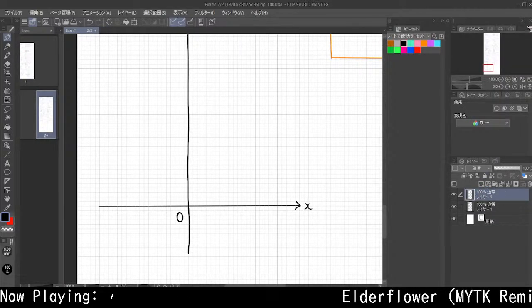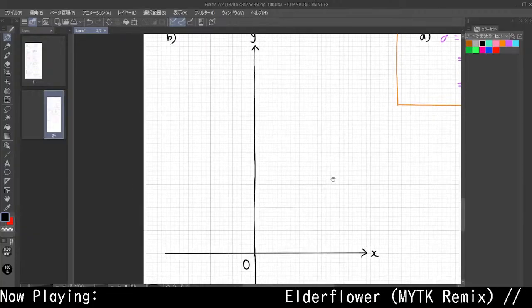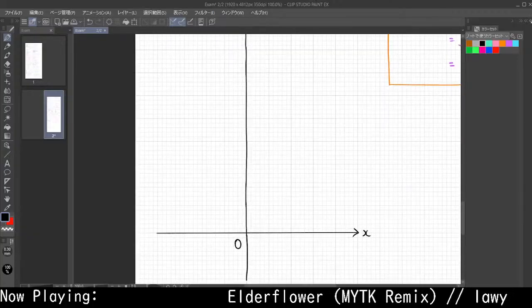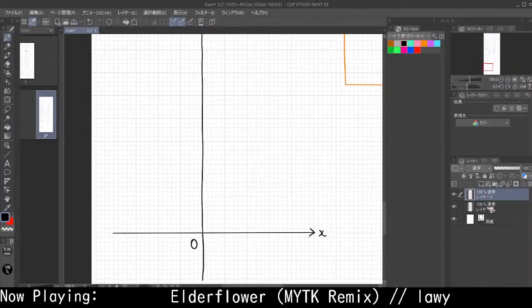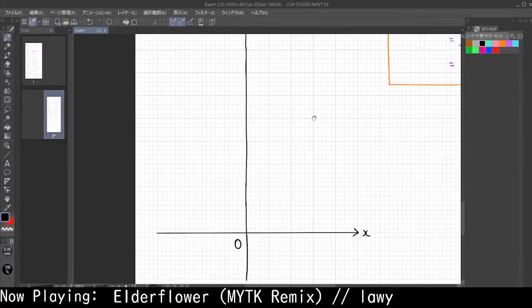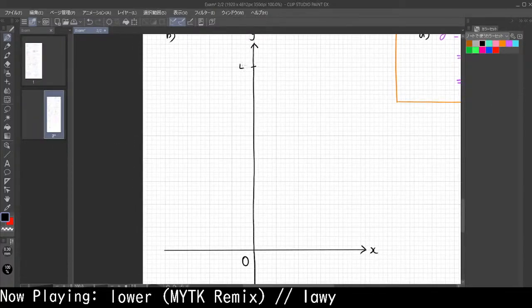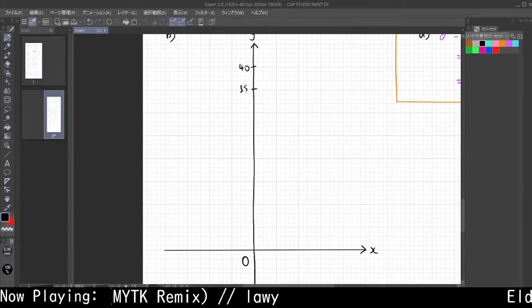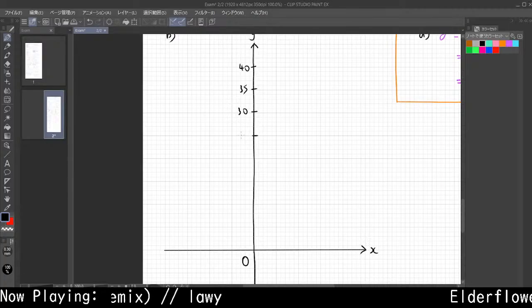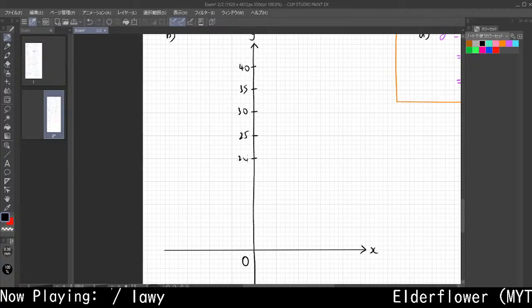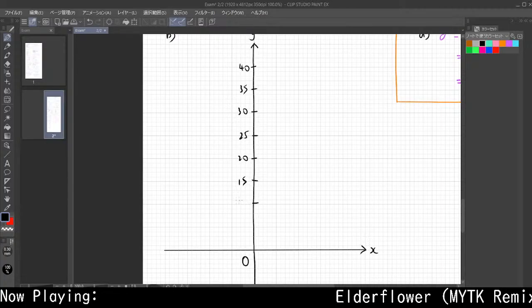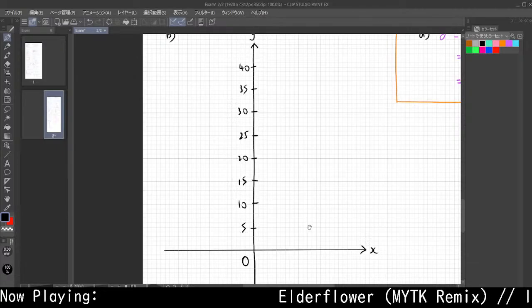Let me add another layer so I don't erase the line. In this case, this is 40, 35, 30, 25, 20, 15, 10, 5.